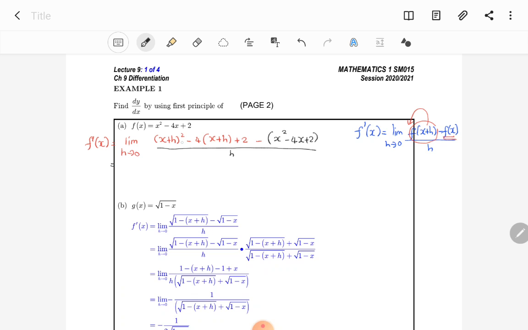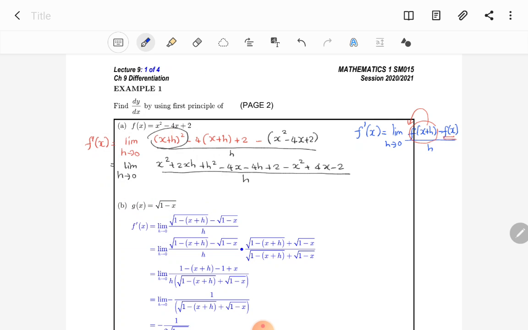Okay, next we need to expand the quadratic term here. So we will get the limit as h approaches 0. The function becomes x² + 2xh + h² minus 4x minus 4h + 2 minus x² plus 4x minus 2, all divided by h.